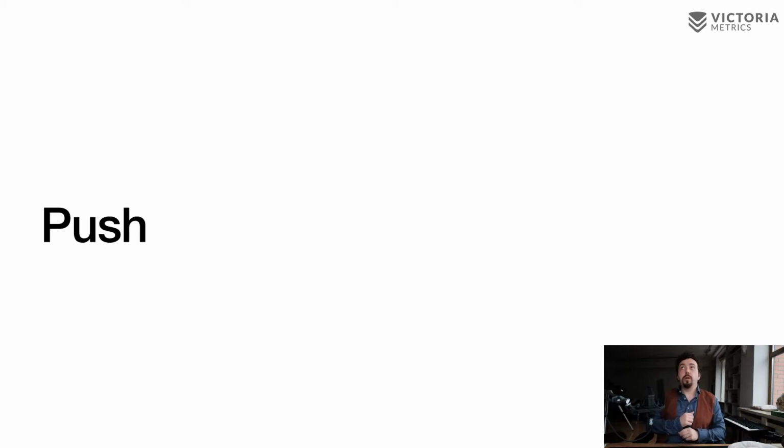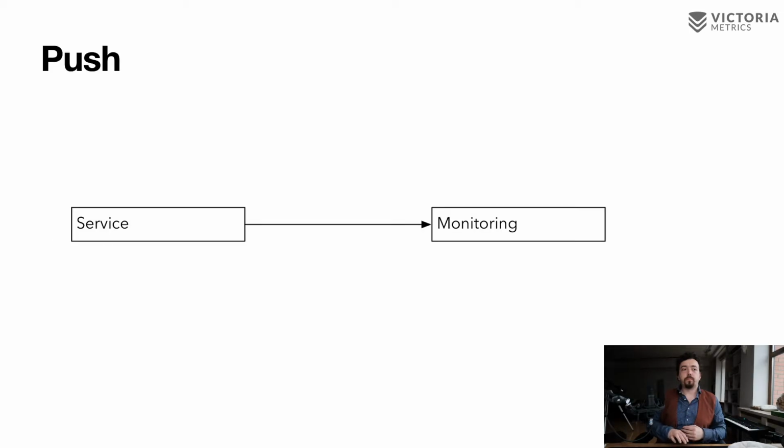What is push? Actually, it's pretty simple. Imagine you have a service. It can be 20 nodes, 200 nodes, 2000 nodes, 3000 nodes, 4,000 nodes, maybe more, maybe less, and all of these services are pushing data to your monitoring.